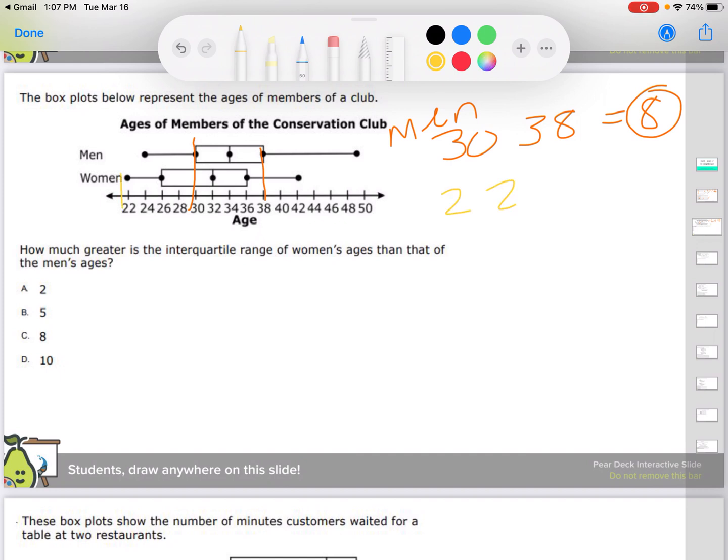Oh wait, I pulled the wrong point. I'm looking at the box, so it should be 26 and 36. So this one is 10. How much greater is the interquartile range of the women's ages than that of the men's? Oops, sorry guys. That's 10 and that's 8, so it would be 2. How much greater? 2.